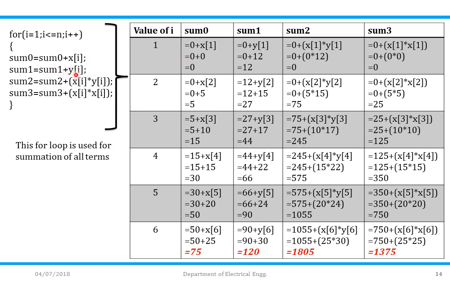So 12 plus y of 2, which is 15, the answer is 27. Likewise, we have solved this up to i equal to 6. So at the end of the 6th iteration, we will get the answer for sum0 equal to 75, sum1 equal to 120, sum2 equal to 1805 and sum3 equal to 1375.